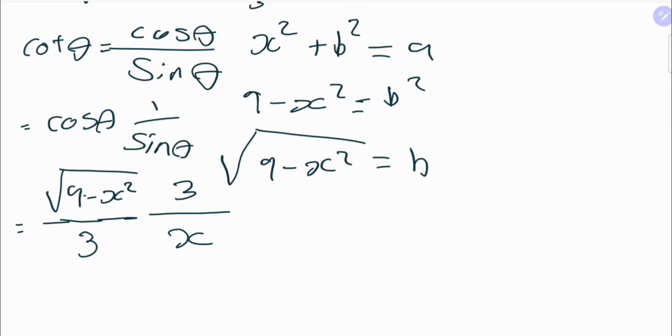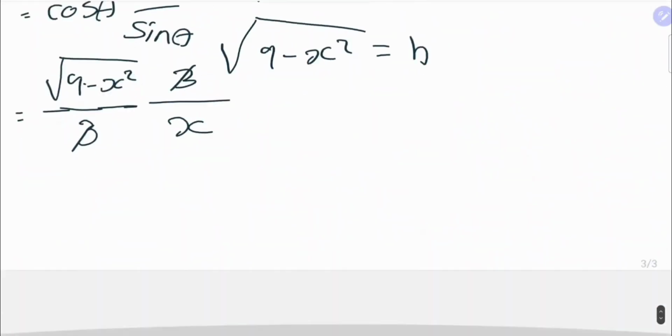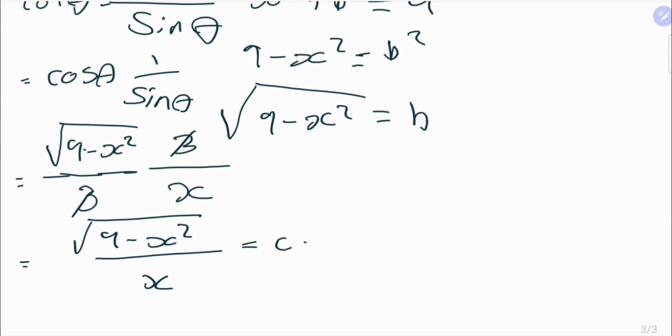So we can see here that these 3's, as one is a denominator and one is a numerator, and they're both being multiplied, can cancel out. So we are left with the root of 9 minus x squared over x. Okay, so this is equal to cotangent theta.